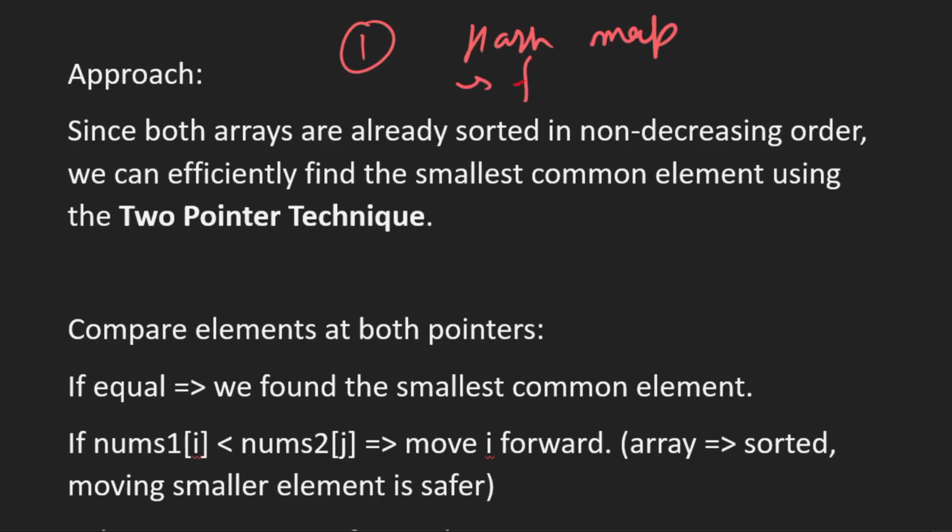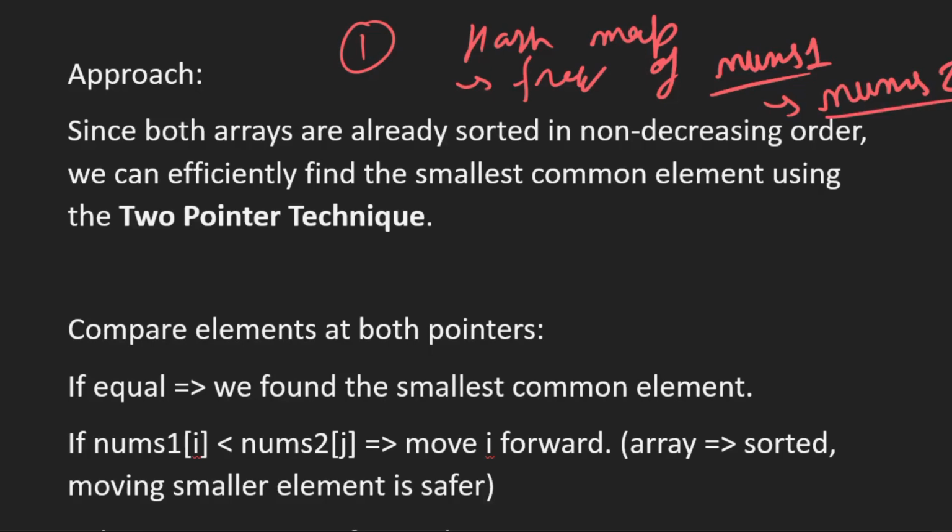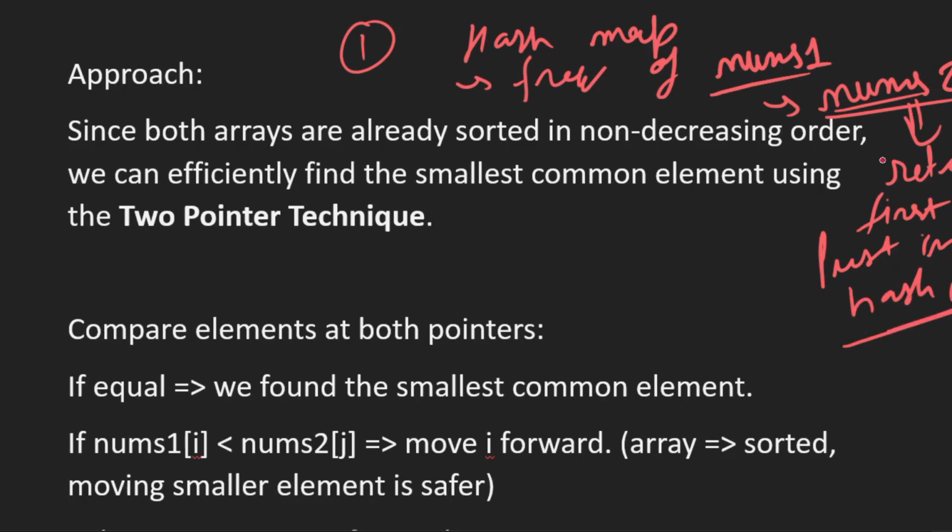We count the frequency of nums1, and then we iterate over nums2 and return the first element which is present in the hash map, because that will be the smallest element that is also present in nums1.